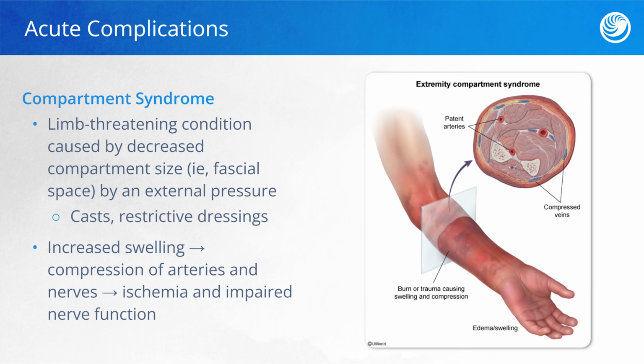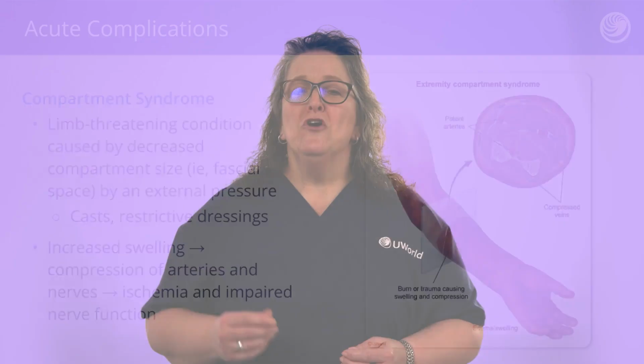The cast or dressing has to be removed. Or the client will be taken to the operating room for a fasciotomy, in which the skin and fascia are cut to release the pressure. For more detailed information about this complication, I encourage you to watch the video on compartment syndrome.